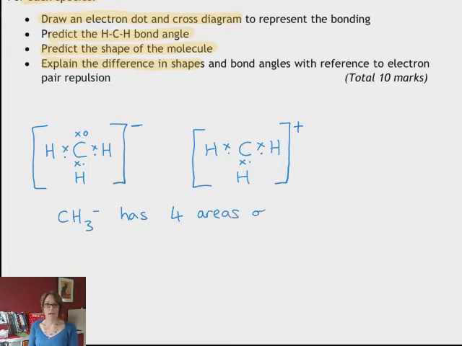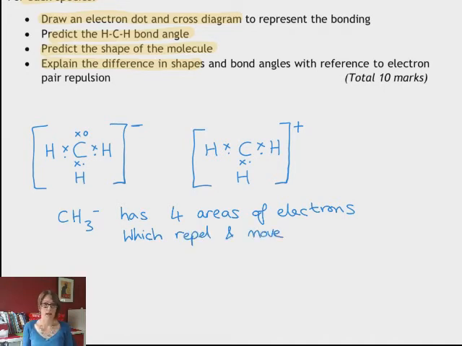So we're always going to start with talking about the areas of electron density, or just areas of electrons, areas of negative charge. It has 4 areas of negative charge. And within that, obviously, areas of negative charge will repel and move as far apart as possible. So watch out for saying repel as much as possible.